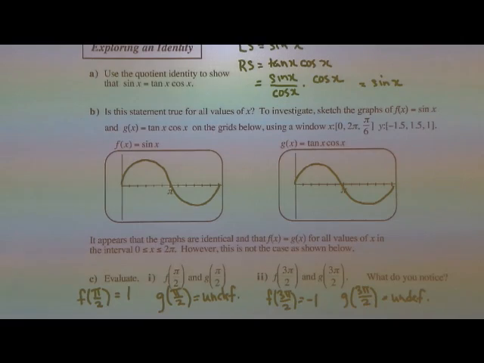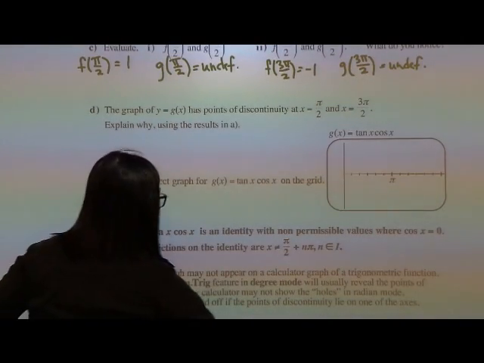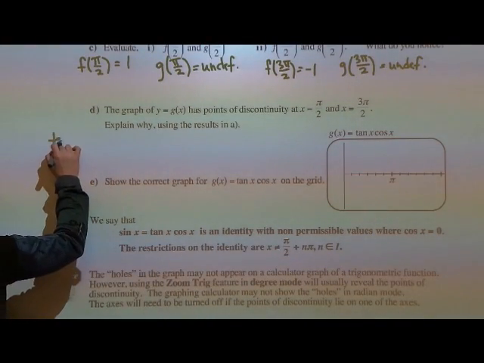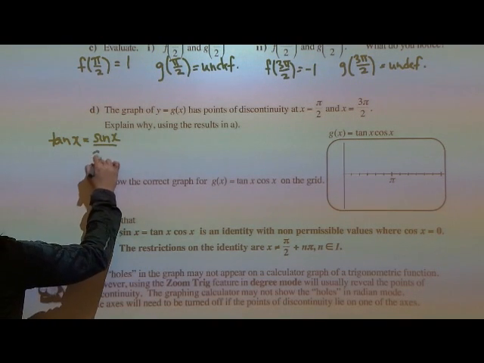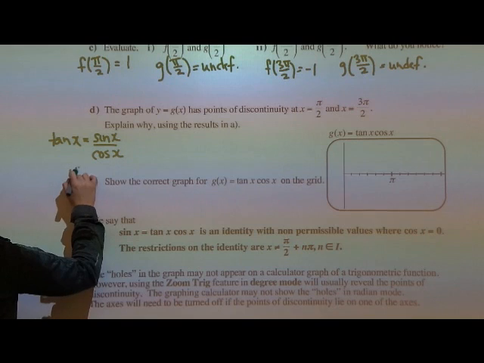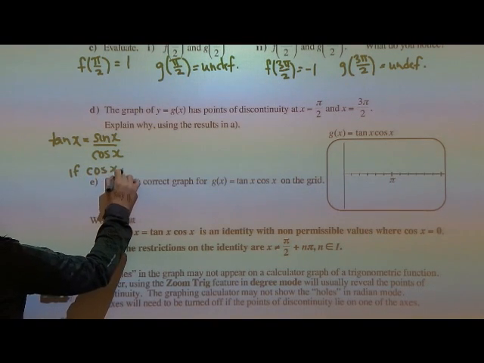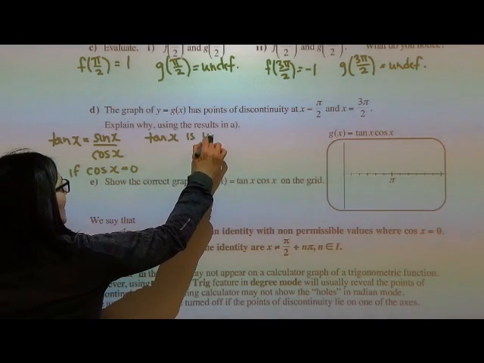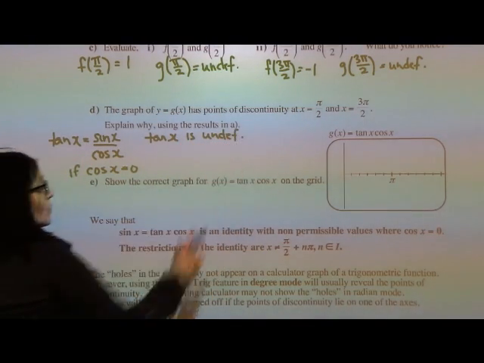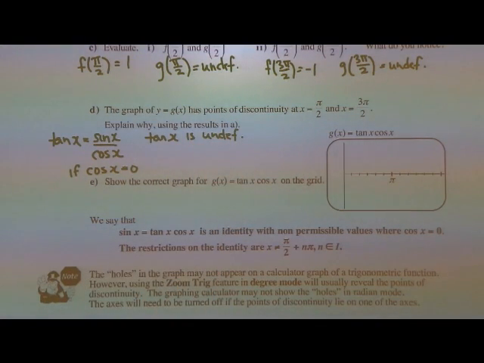Sin x over cos x. So because tan x equals sin x over cos x, if cos x equals 0, tan x is undefined because cos can't equal 0.